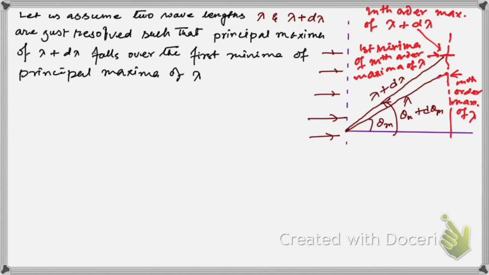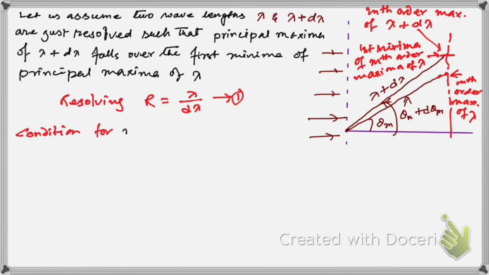Now resolving power R is equal to lambda by d lambda, suppose equation number 1. The condition for nth order maxima is (a plus b) sine theta equals n lambda.